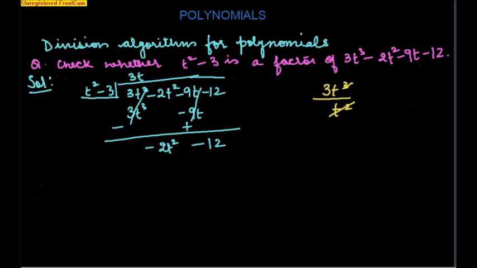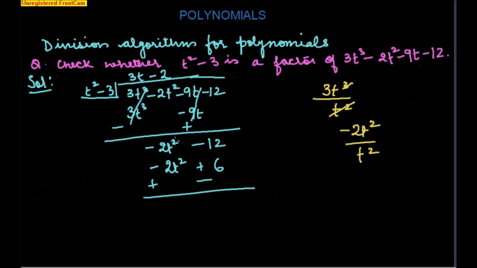Now again we take the first term here, which is minus 2t square, and the first term here is t square. So the second term of our quotient comes out to be minus 2. When you multiply, you get minus 2t square plus 6. I change the signs. This gets 0 and here we get minus 18.